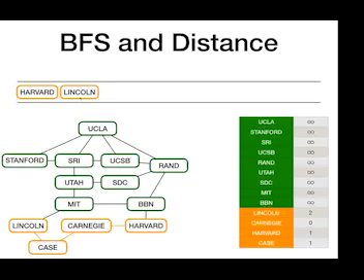I don't want to explore Lincoln at distance 2 before I visit a lower distance node, Harvard, of distance 1. If there were an edge between Harvard and MIT, I want to make sure I find that path and not this path. And the queue keeps everything in order in the way that we want to be able to get these properties out of the BFS algorithm.